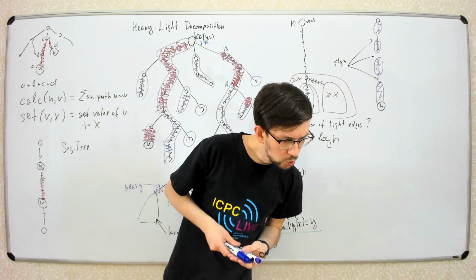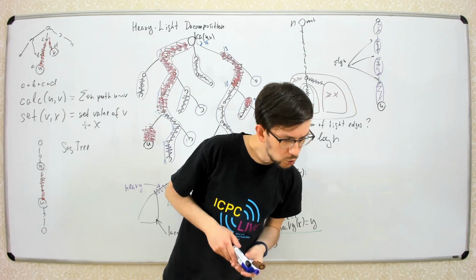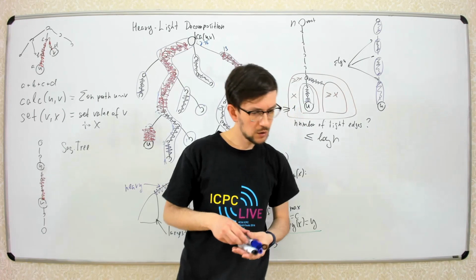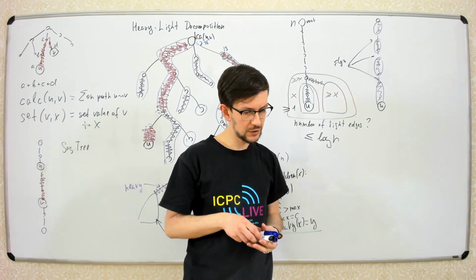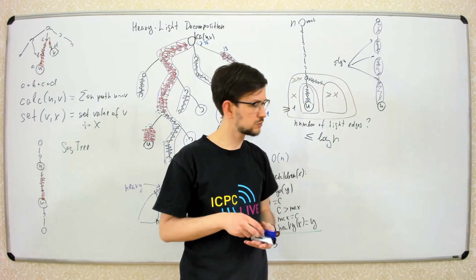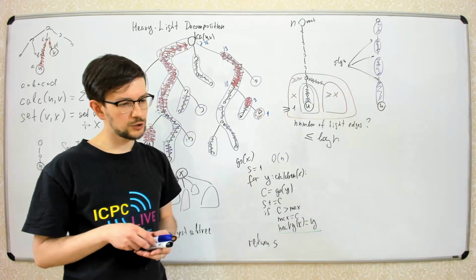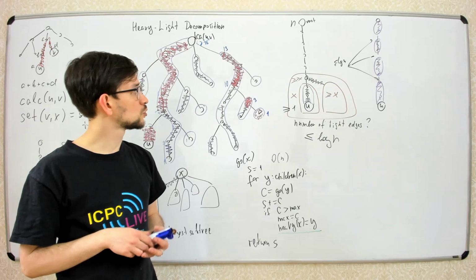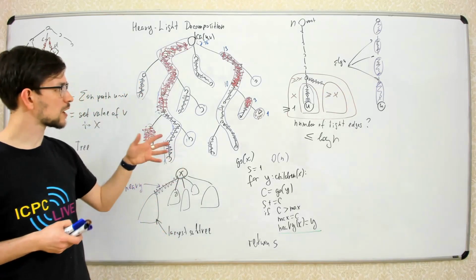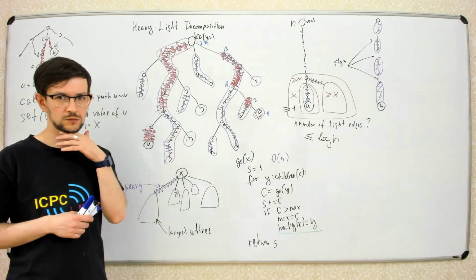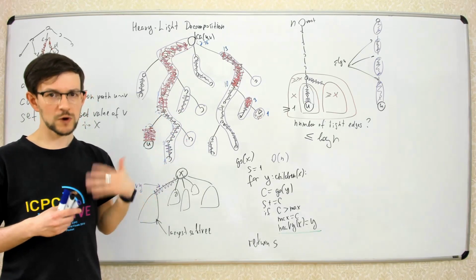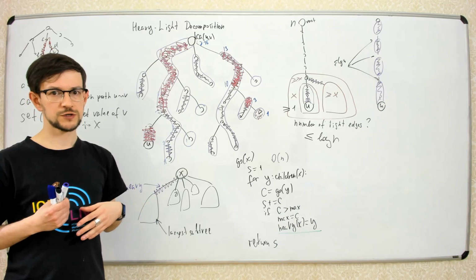Do you have any bounds on the number of decomposed paths in general? I don't get your question. So if you split your tree not in heavy-light style, but just split your tree into segments in some other way, you may have many more segments.